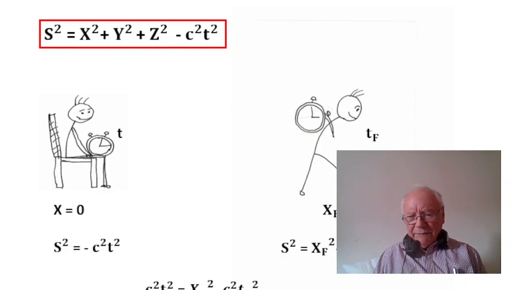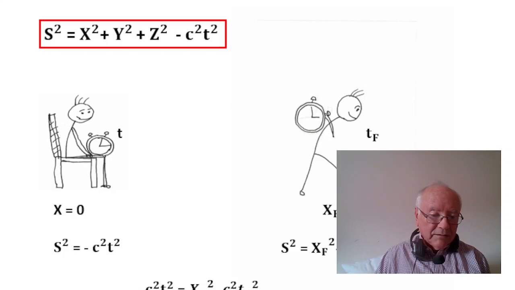So for my friend, S squared is equal to XF squared, that's the X that they're measuring, Y and Z are 0, because they're moving in the X direction, and T is TF for the time they're measuring on their clock. Now these two S's are the same.